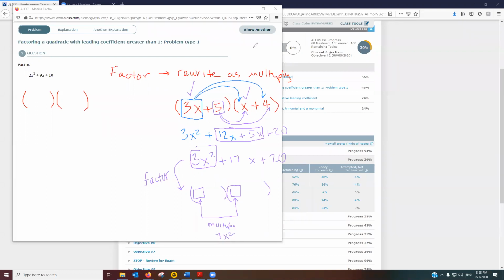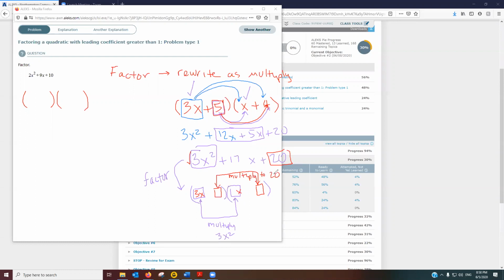Well, for example, I would try and use maybe 3x and x, because 3x times x would get me back to the 3x squared. Also notice it was this 5 multiplying the 4 that got me this 20 back here. So when I go to try to figure out the numbers in the back of the parentheses, these 2 boxes would have to multiply to get me 20.